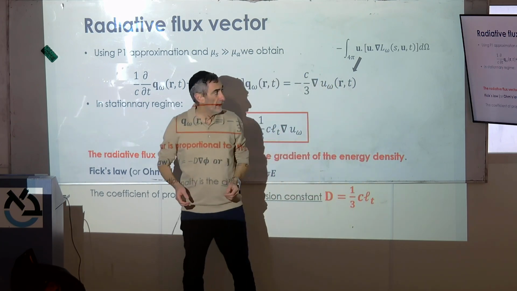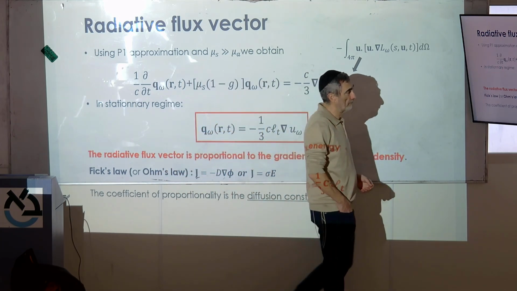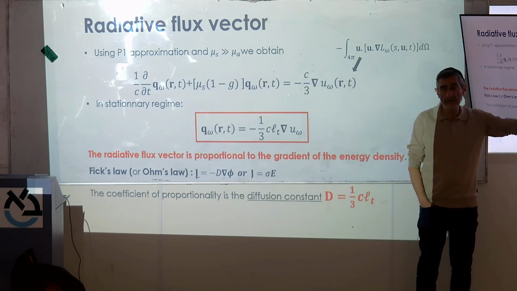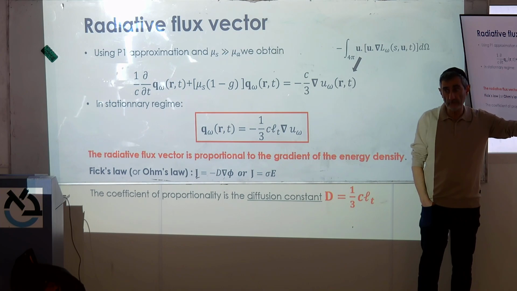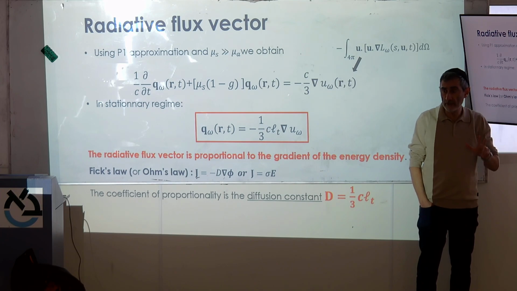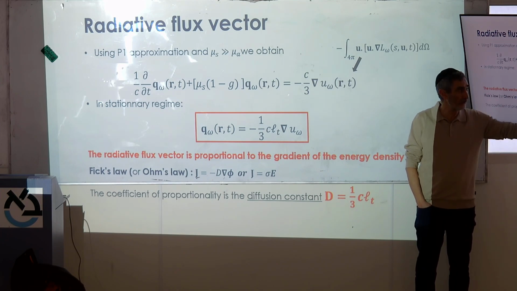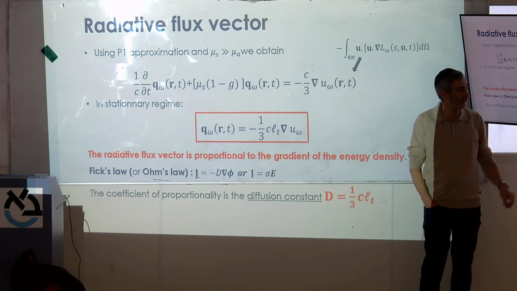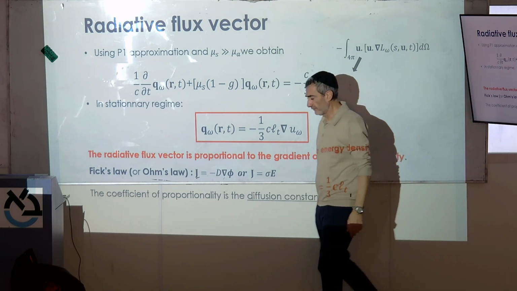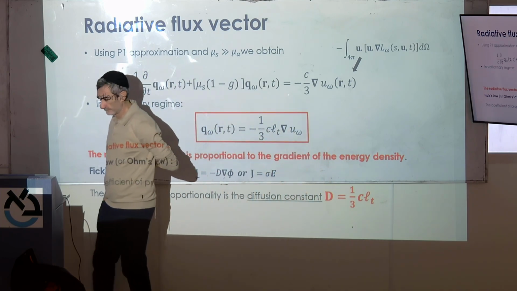It is proportional to LT, the transport mean free path. 1/3 here because we are in three dimensions. If you go to two dimensions, that will be 1/2. So this is a dimensional term. 1/3 c LT, where c is the speed of light.